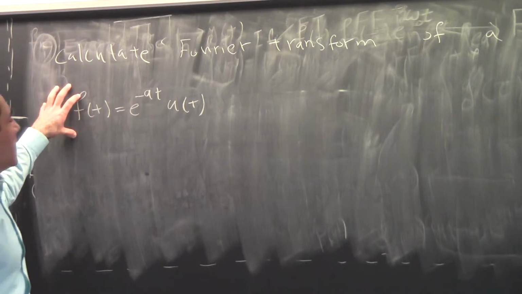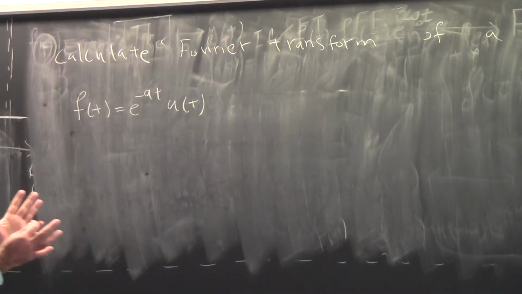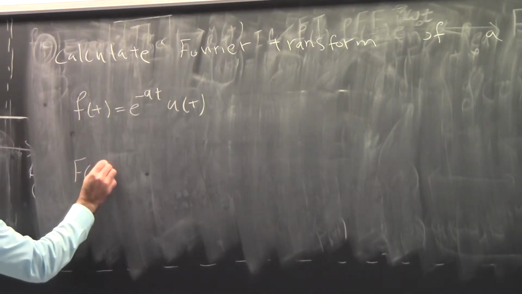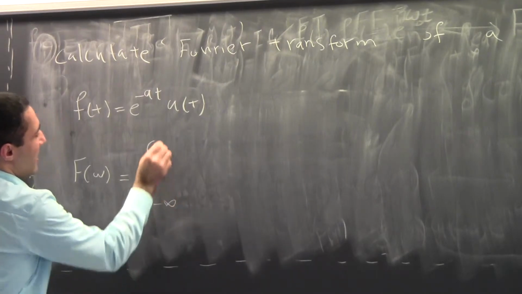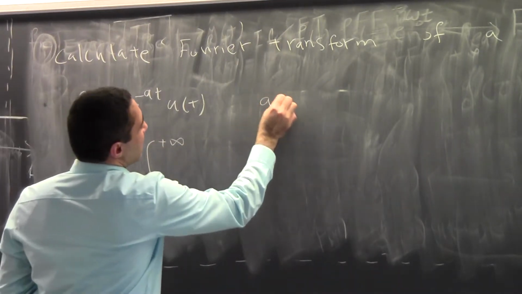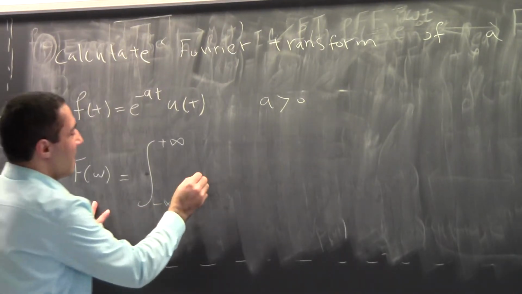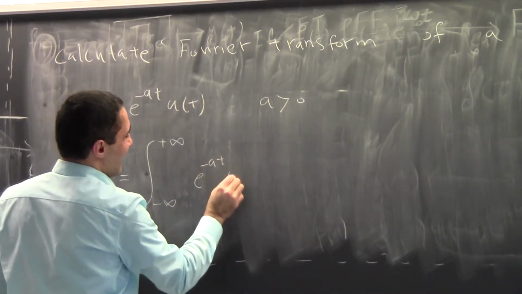So if I want to do this, what should I do? If I want to calculate F omega, you guys know, right? What do you do if you want to calculate F omega for this? Use the integral. Exactly. Use the integral. Okay. Very good answer. And my assumption is a is bigger than 0. So if I use the integral, I will have this.